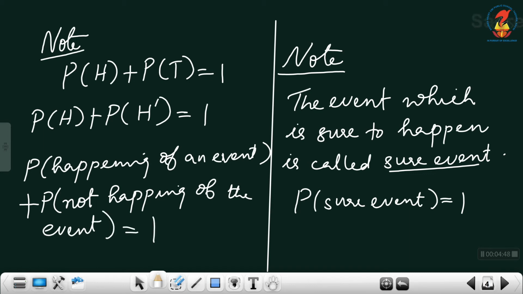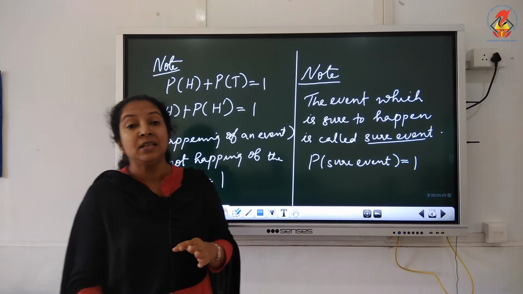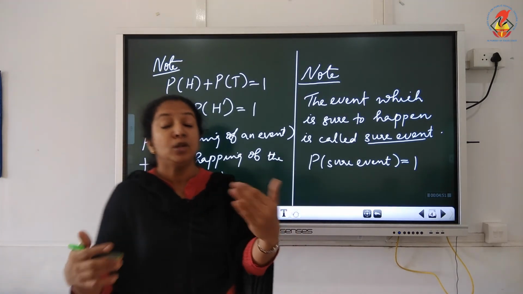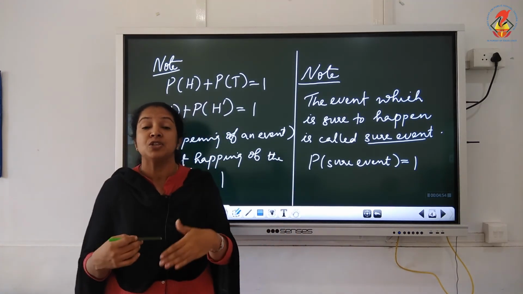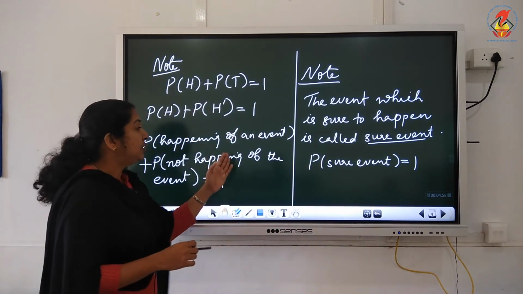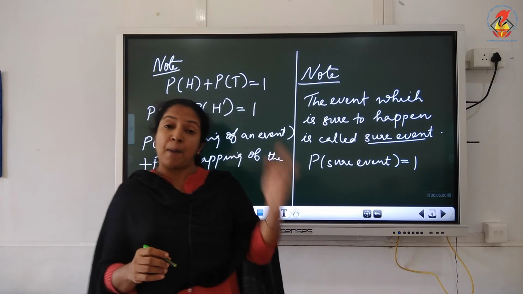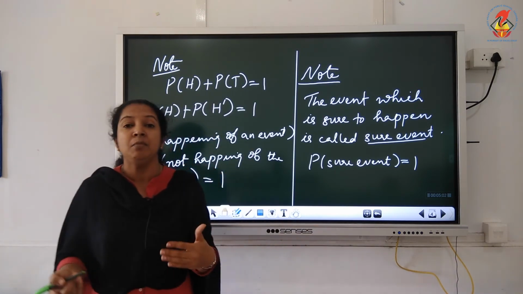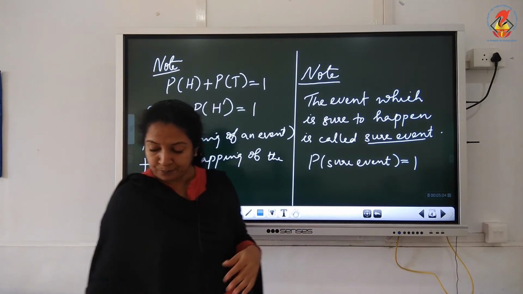The probability of H plus probability of T is 1 means if T happens, H is not happening. That means probability of an event plus probability of not happening of the same event is equal to 1.